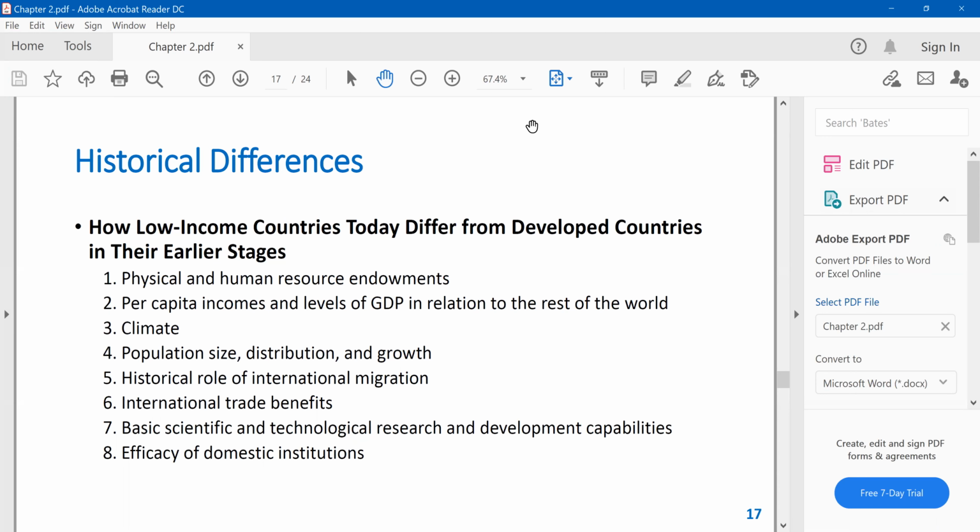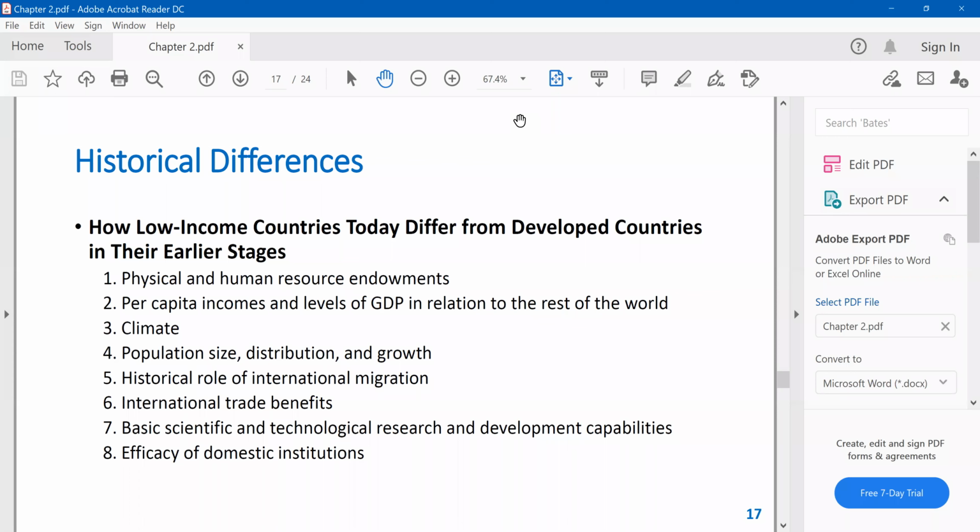You may imagine that one thing that is important here is population, of course. Population levels differ, and population momentum, basically the population growth rate, differs. Also important, I guess, is capital stock, right?